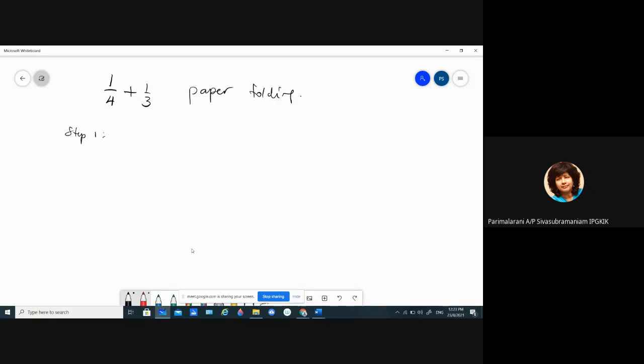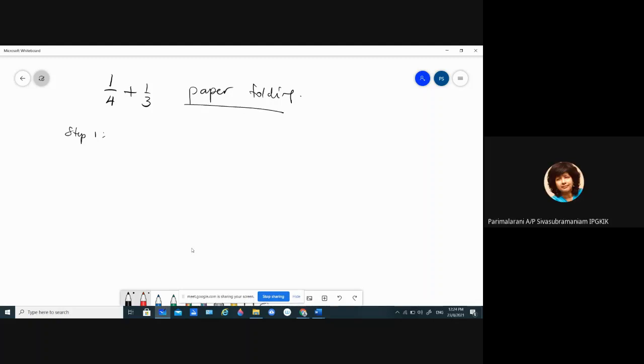Step 1 will be to make the denominators the same. We are using paper folding.